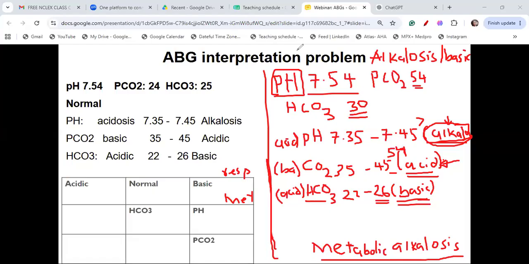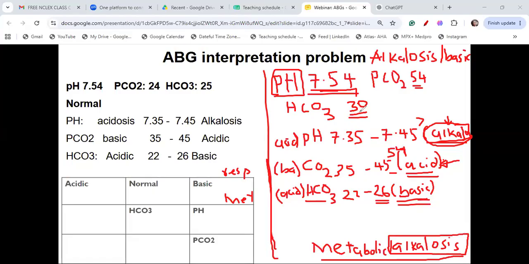Someone is asking, when do we say respiratory acidosis, given that the CO2 was acidic? Remember, if you want another question where the answer would be respiratory acidosis, then the pH has to change to be acidic. Remember, I said the pH is what gives you the final name, whether it is acidic or basic.